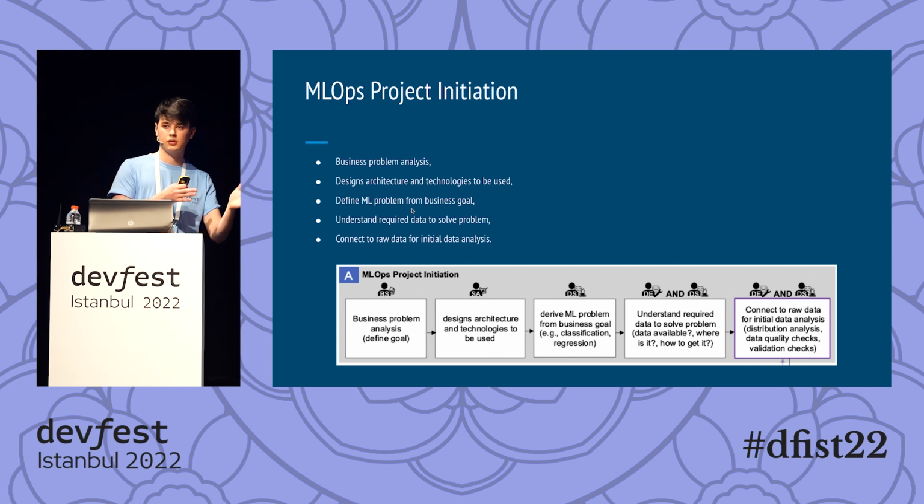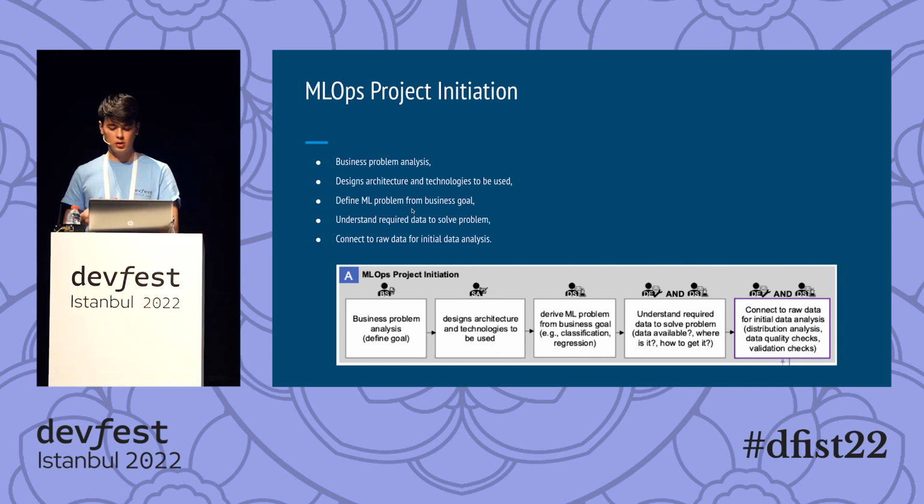They define whether it is a classification problem or a regression problem, and so on. They understand and require the data to solve the problem. It is the data scientist and data engineer who decide how to get it and where to get the data. Then we connect to raw data for initial data analysis and distribution analysis. This is done by the data scientist and data engineer.